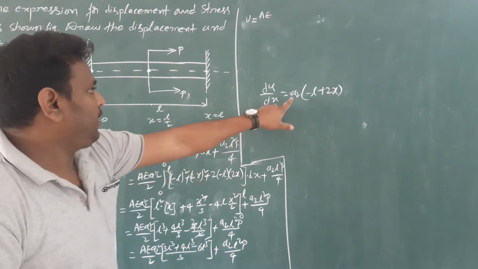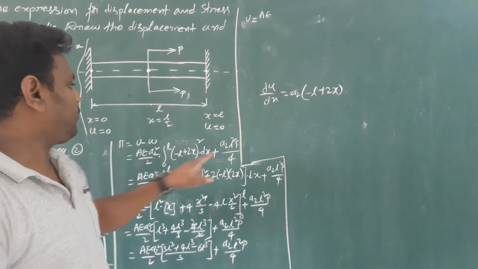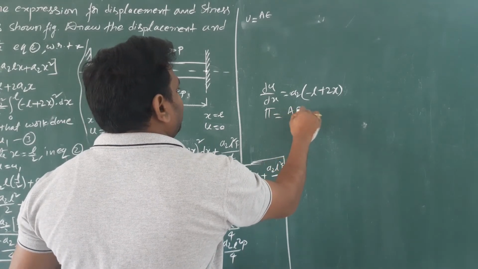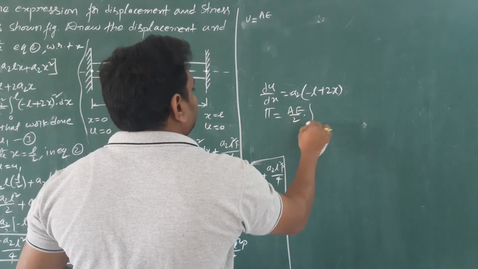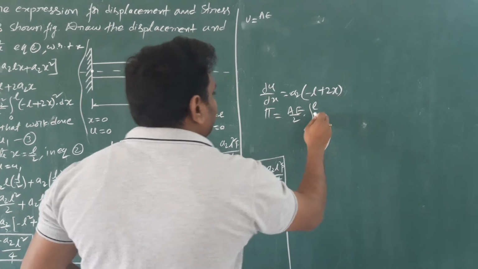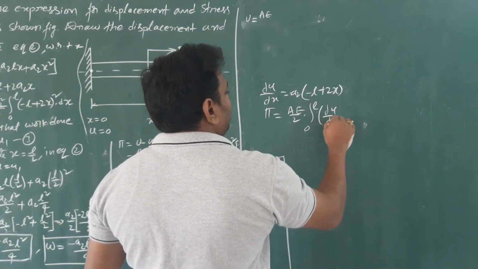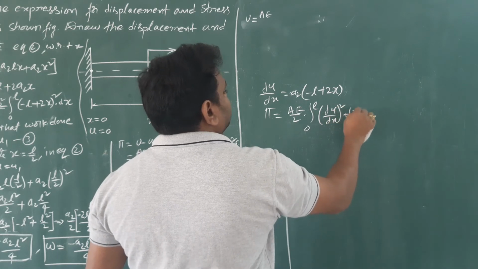Here I am taking dou U by dou x square, that is pi is equal to, we know that AE by 2 into integral 0 to L of dou U by dou x whole square into dx.